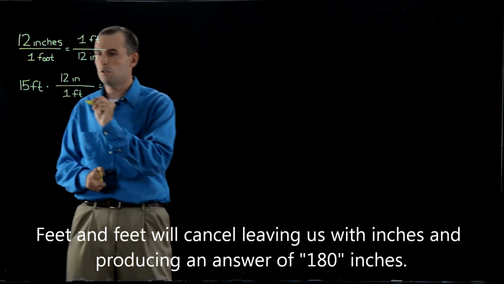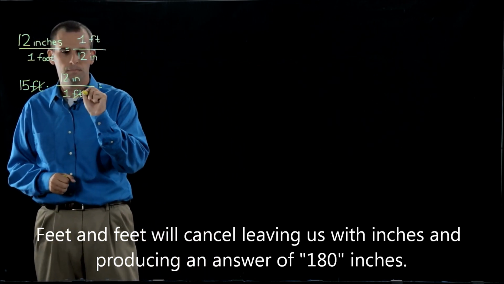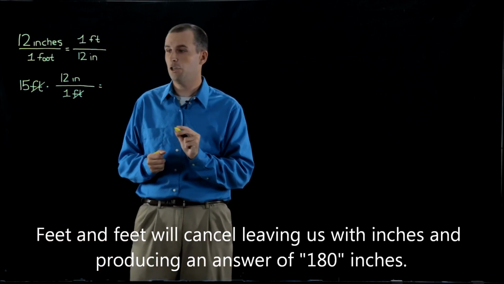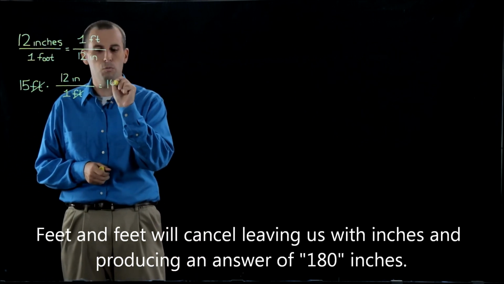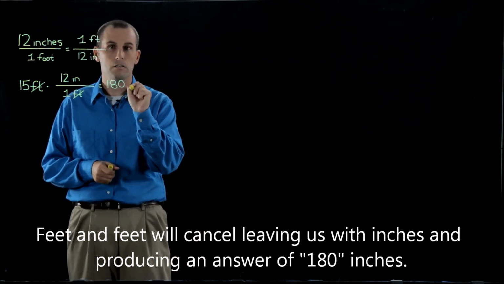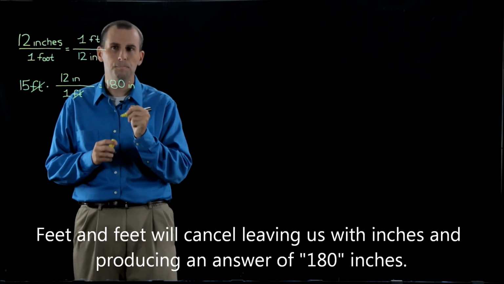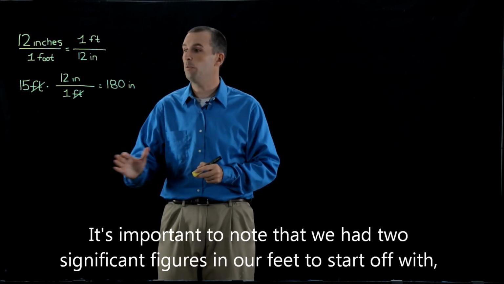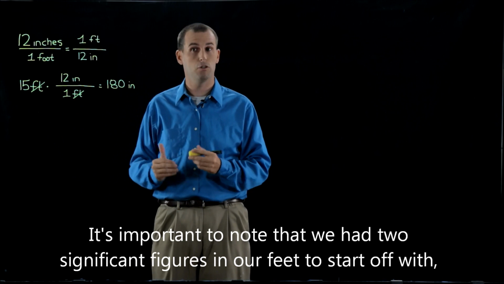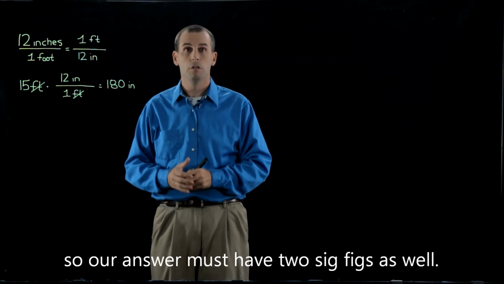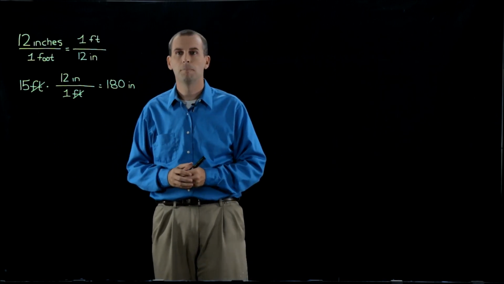Feet and feet will cancel, leaving us with inches and producing an answer of 180 inches. It's important to note that we had two significant figures in our feet to start off with, so our answer must have two sig figs as well.